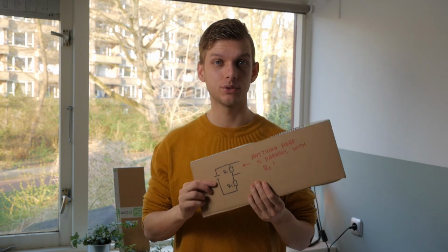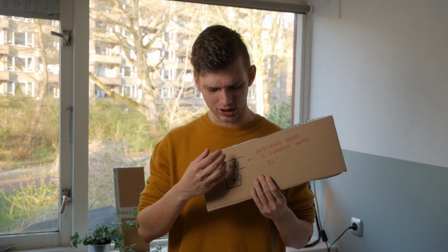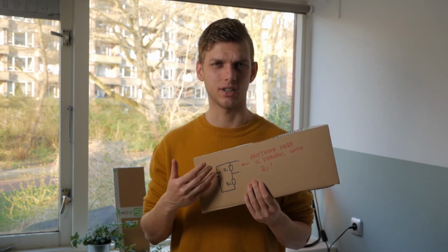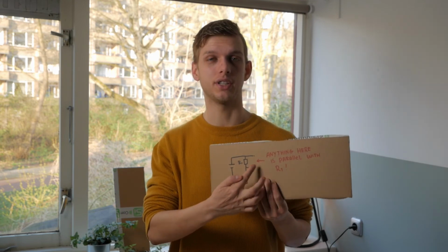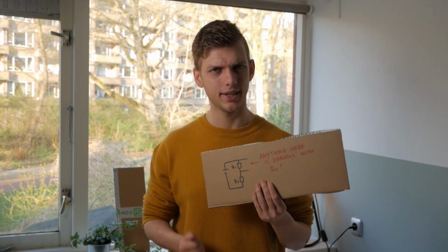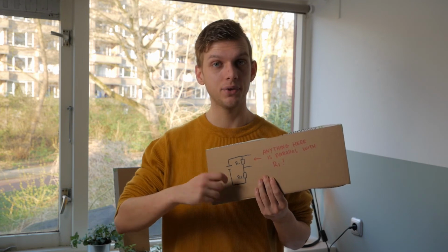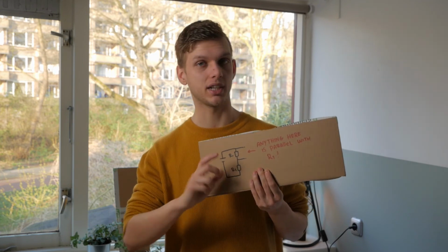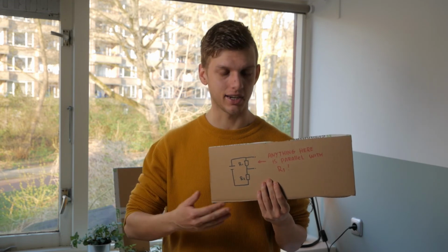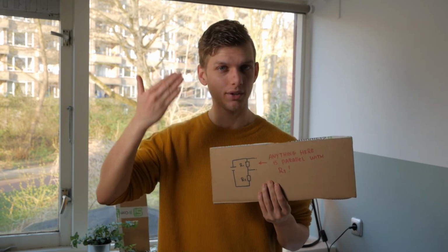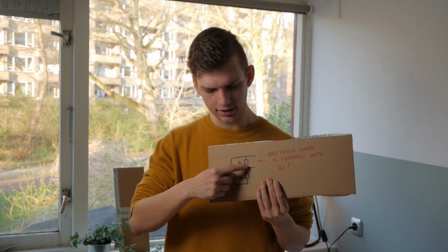Now this is very useful, because if you select the resistors in a specific way, you can also select the voltage on this part of the circuit. If you get a variable resistor, like a potentiometer or a fader, that's just a resistor that goes up or down in resistance, you can change the resistance here.